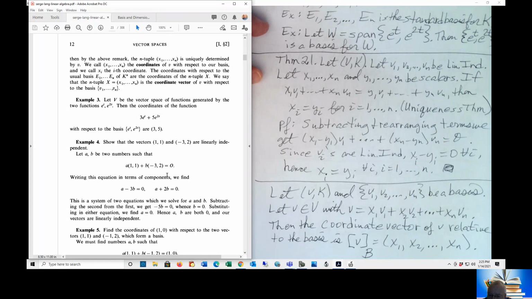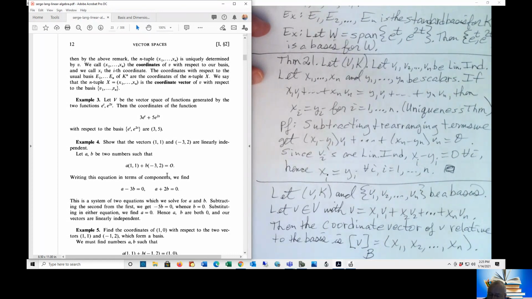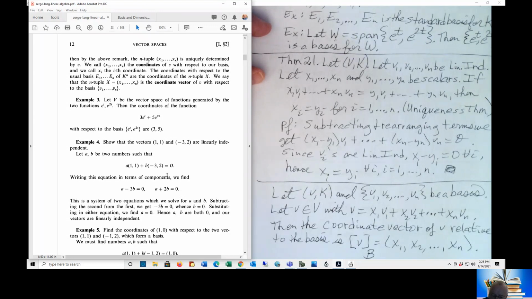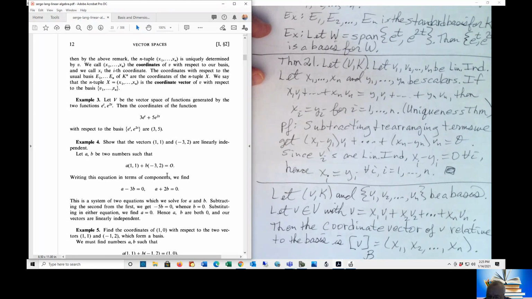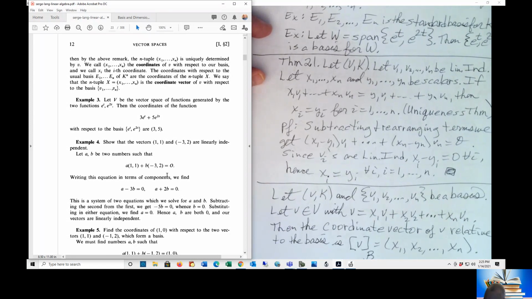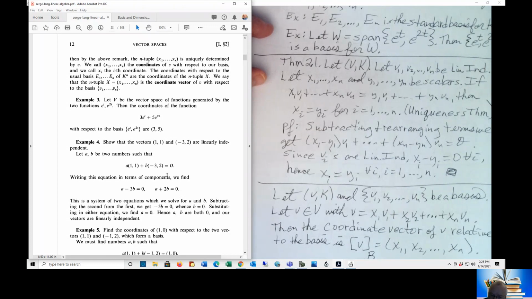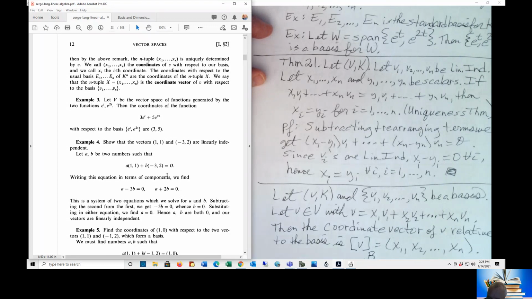So you have to have that uniqueness theorem before you can have the coordinate vector. Anytime you have a basis for a vector space consisting of n vectors and an arbitrary vector v in V, we now know that v can be written as a unique linear combination of scalars x1, x2 through xn.